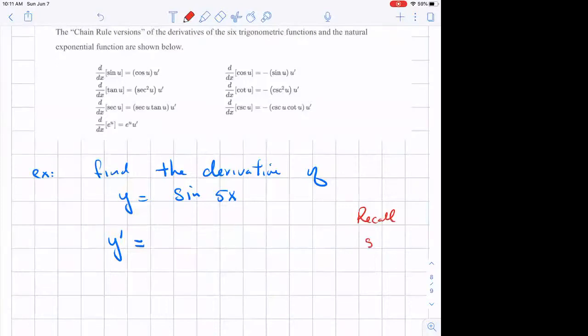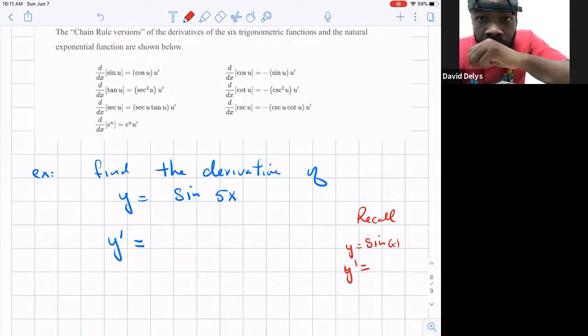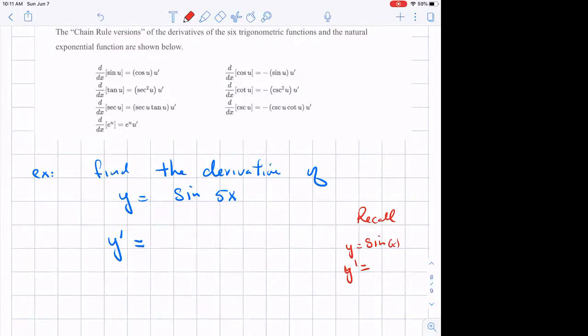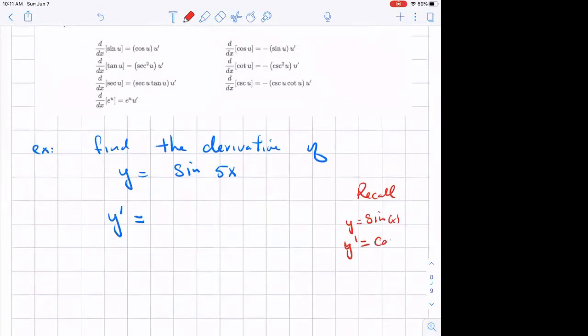that if y is equal to sine of x, what is y prime equal to? Anyone? Sine u, what is it? Cosine u. Cosine x. Okay. Sorry. All right.